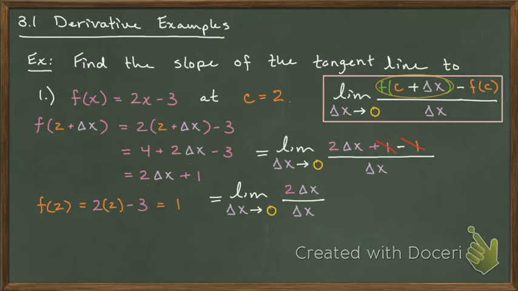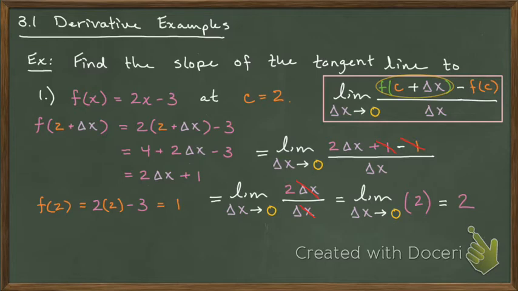You should have delta x's in every term in the numerator. You've already got one in the denominator, right? But you should always have one in every term in the numerator. This example is really straightforward, and I end up with just a delta x up there times a 2. I get a similar cancellation. So the limit then, as delta x approaches 0, is taken of 2, and the result is just 2.